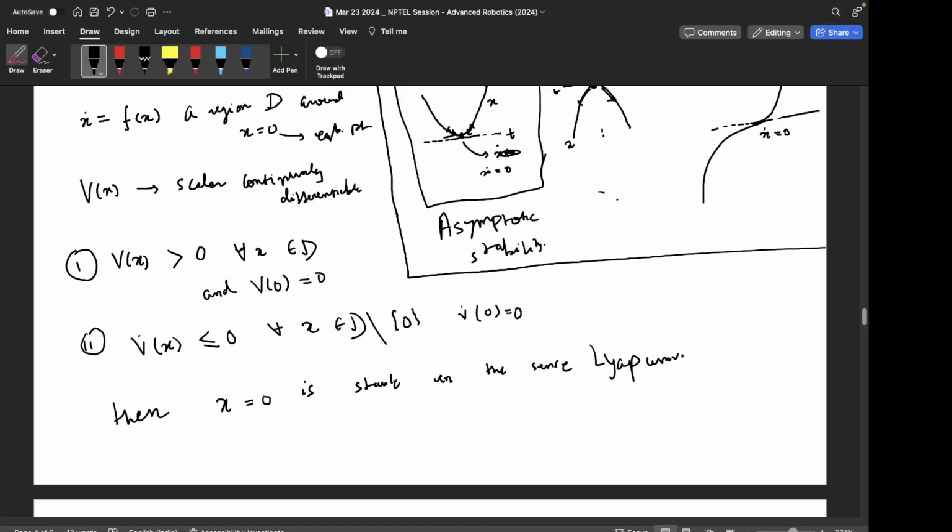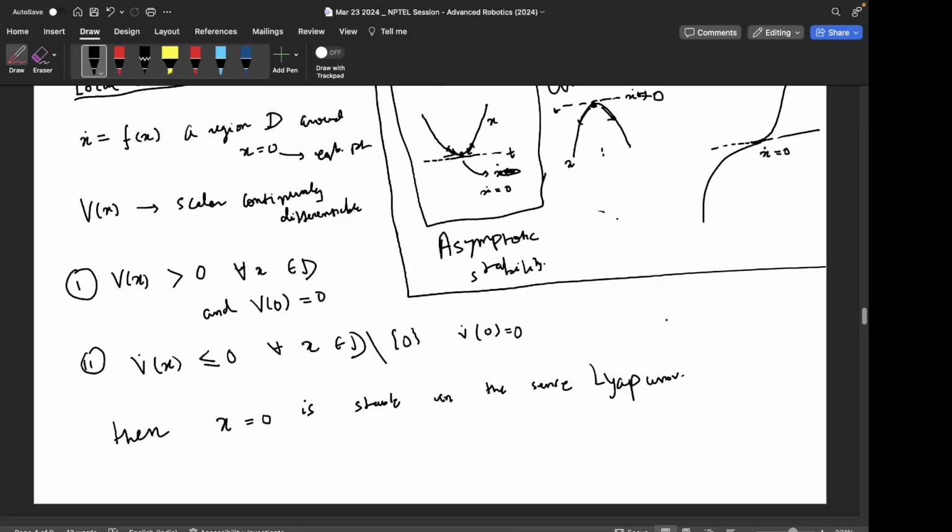Now let's unpack these conditions one by one. First thing is that V(x) is a scalar function. The output of f(x) could be a vector, but the output of V(x) should be a scalar, and that quickly gives us a hint that we can relate it to energy functions, because energy is also a scalar quantity, right? Now the first criterion is V(x) should be greater than 0 when evaluated for all x in that domain.